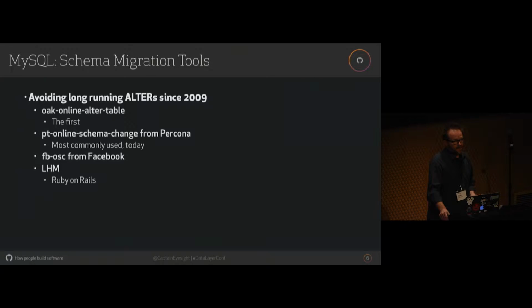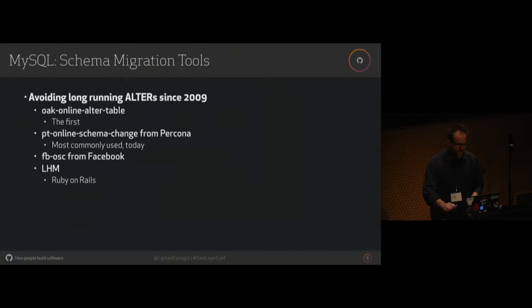Back in 2009, someone came up with this idea: how about not really doing an alter table live, but instead take that table, make a copy of it, do the alter on the empty table, and then copy all the data over. Once all the data is copied over, flip the switch, and everything's grand.